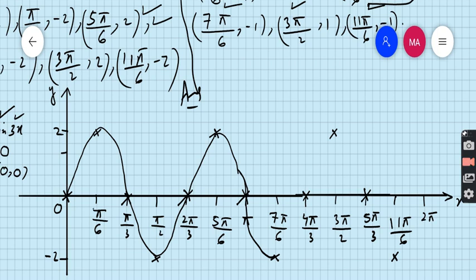And finally, at 2 pi, the value is 0. Now, join all the points. Now you are getting a very good and smooth graph.